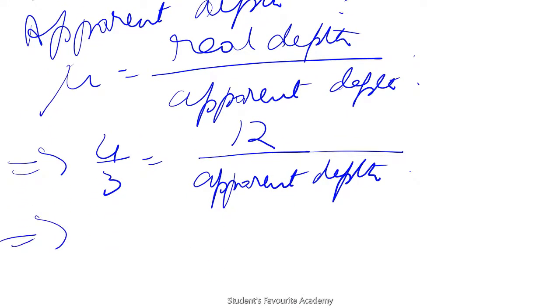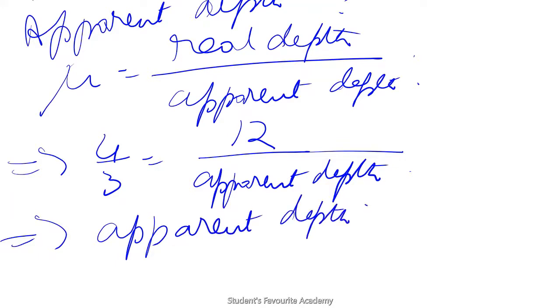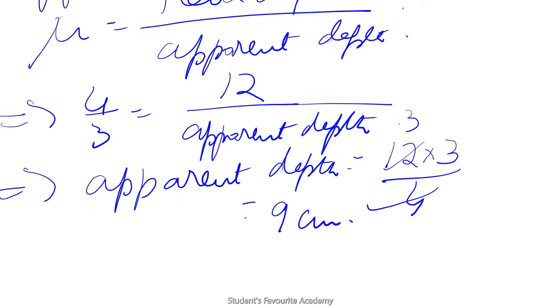So apparent depth is equal to 12 into 3 upon 4, that is 9 centimeter.